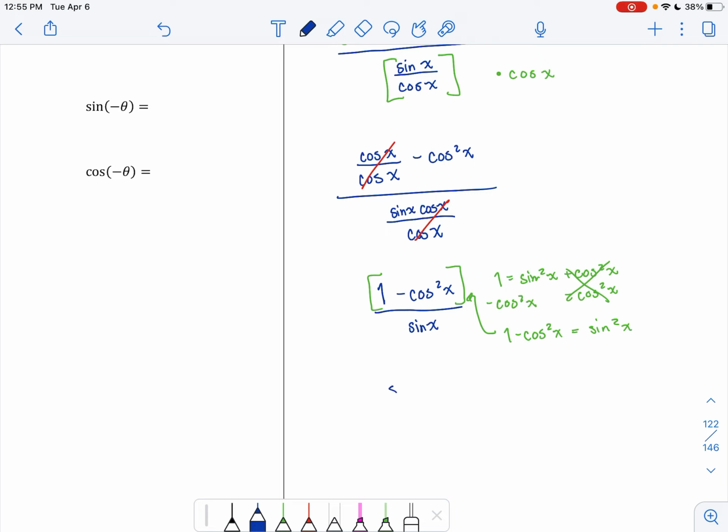So using my identity, I can then say sine squared x over sine x, and then this is sine times sine, so I can cancel out one of those, and I'm left with just sine of x.